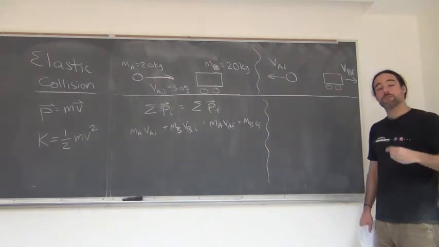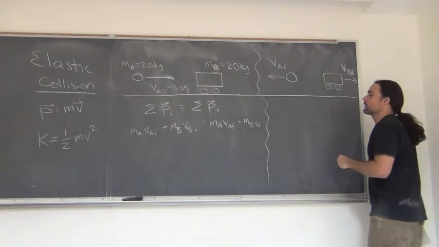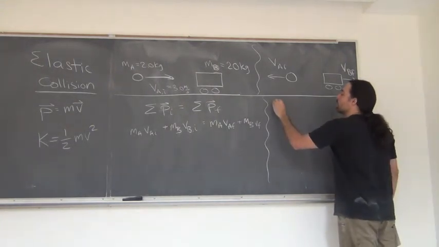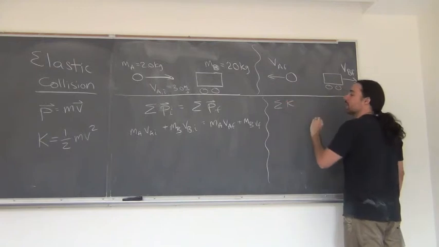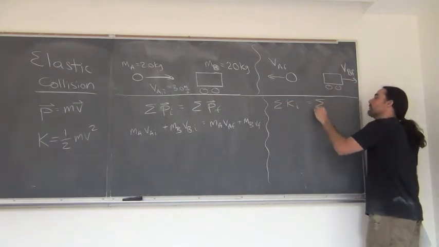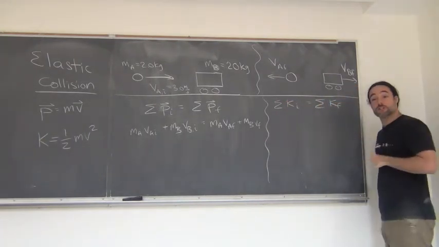Similarly, it must be true that kinetic energy is conserved, which means the sum of the total kinetic energy initially has to equal the sum of the total kinetic energy in the final picture.